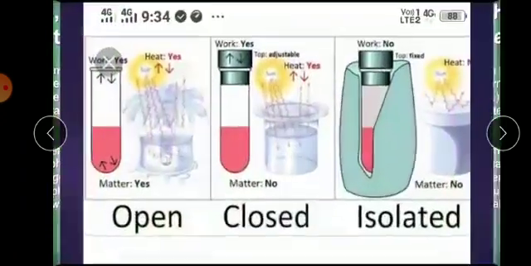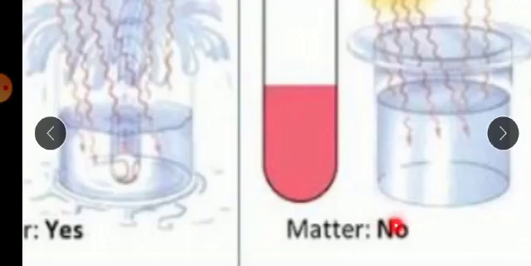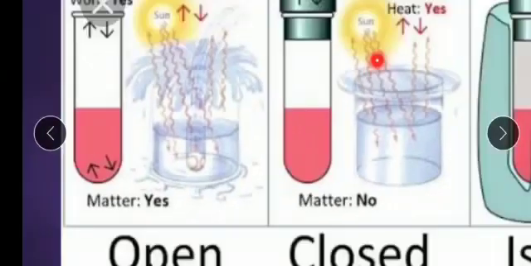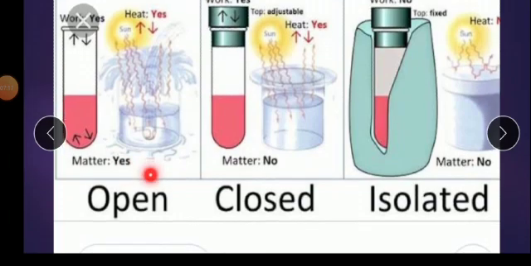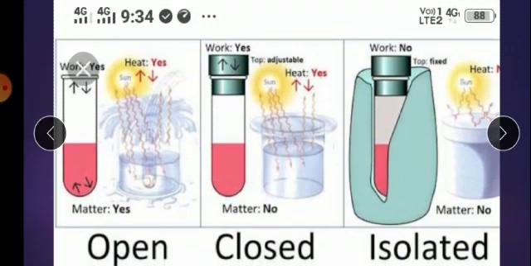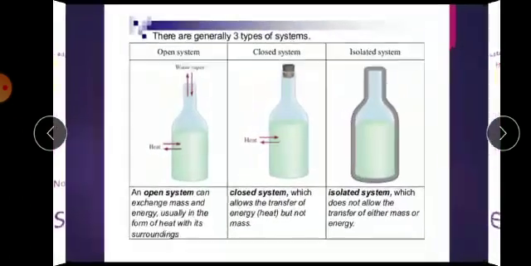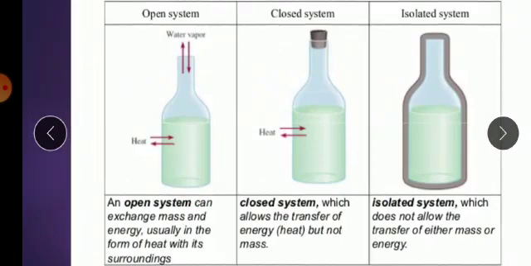And the system is once again classified into three types: open system, closed system, as well as isolated system. So the open system exchanges both matter and heat.